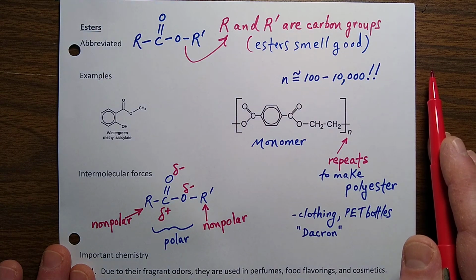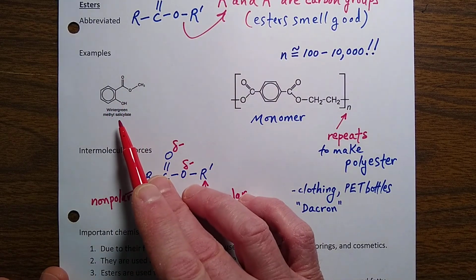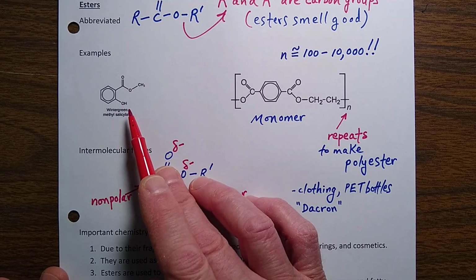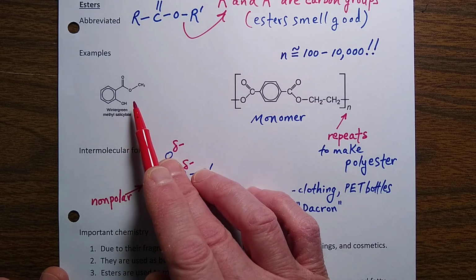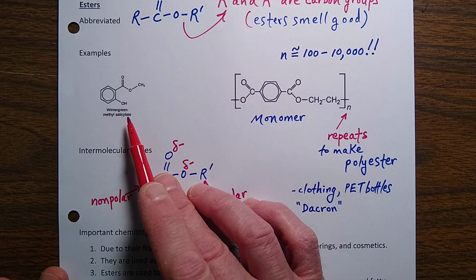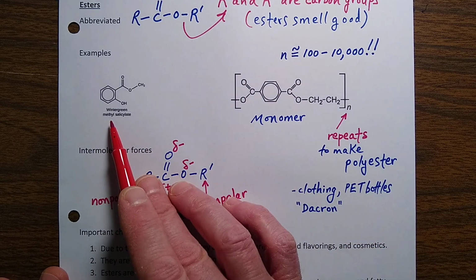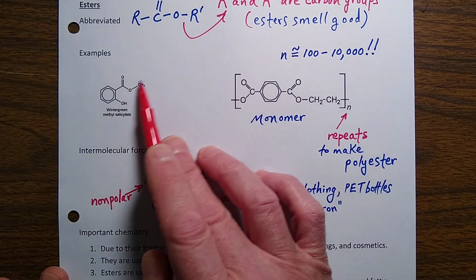But what do we do with these things, and how do we convert them to other useful things? Well, this is probably hard to see on here, but this is methyl salicylate. And I'll give you some examples again coming up, as I've done with the other groups, how to name these things. But the first part of the name, methyl, is coming from the alcohol portion, which is this part.